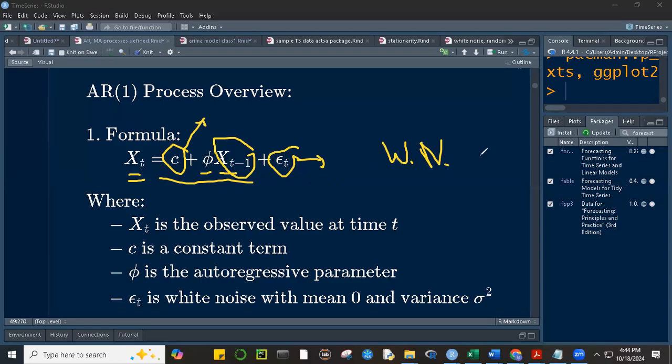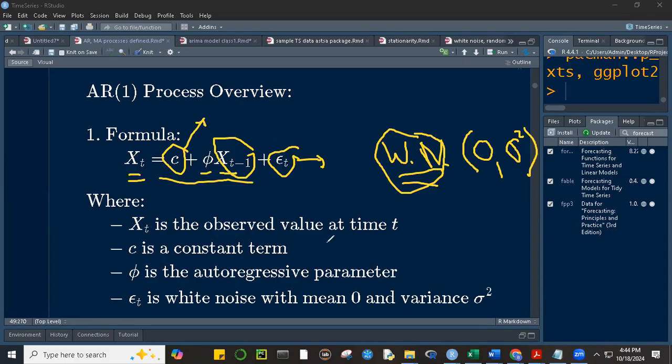And the residual behaves in such a way that it's a white noise. We'll explain as we go along what white noise is. White noise with mean equal to 0, and variance is constant, sigma squared. This is very important, the concept of white noise.